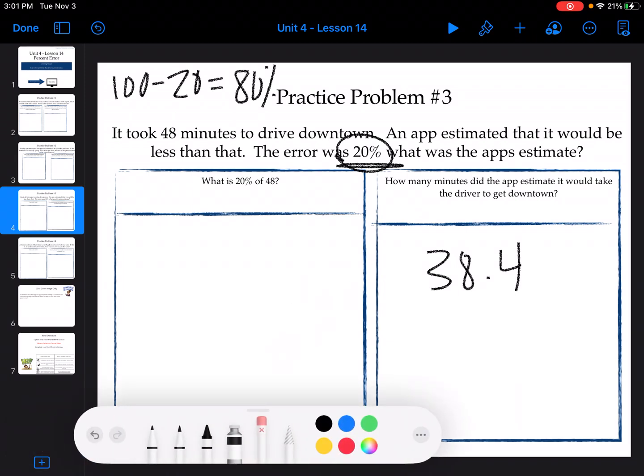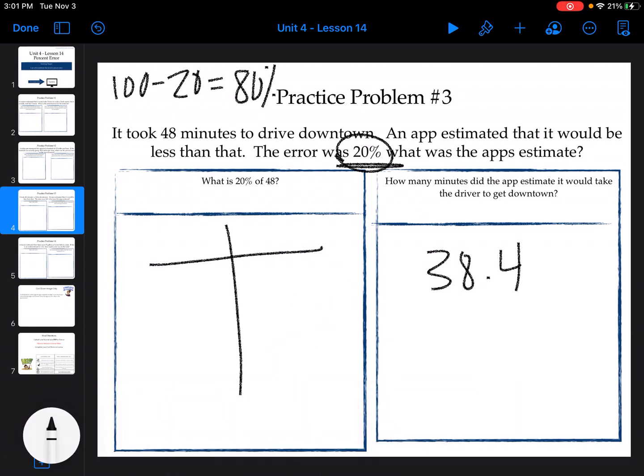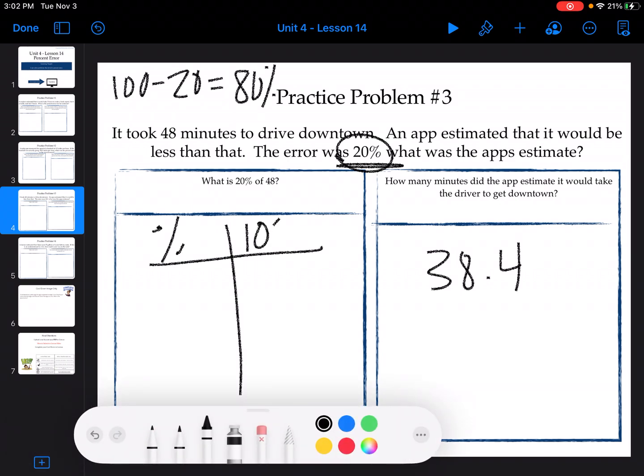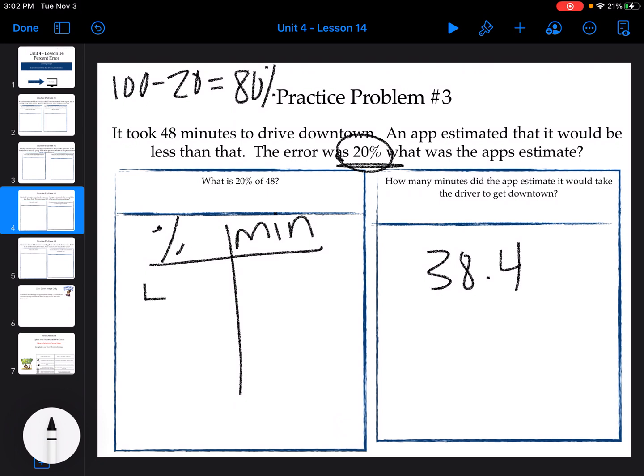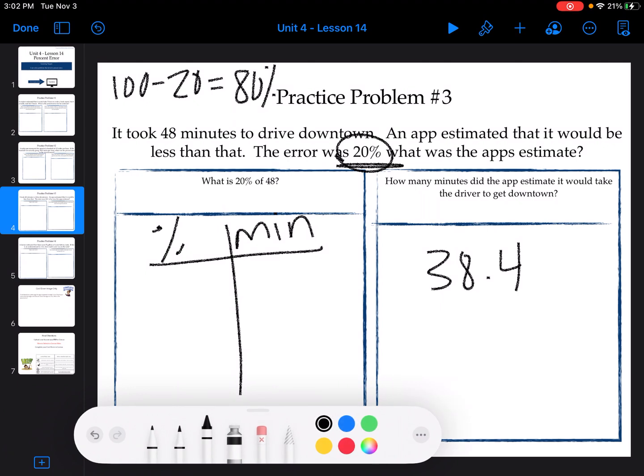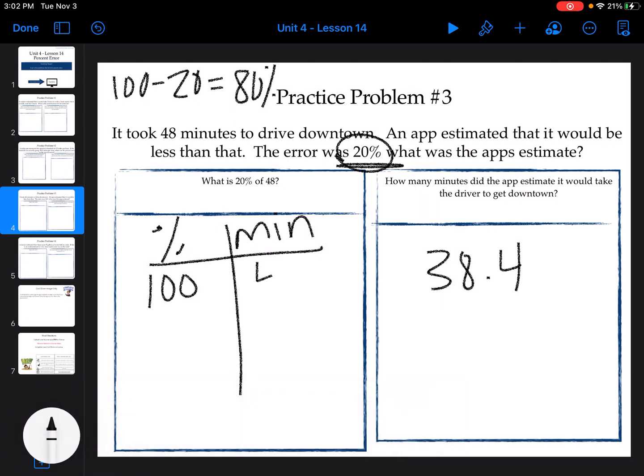Goodness gracious. All right, so what is 20% of 48? So percent, and then I've got minutes. So I know 100%, gosh, make one mistake and then all of a sudden, 100% is 48 minutes.